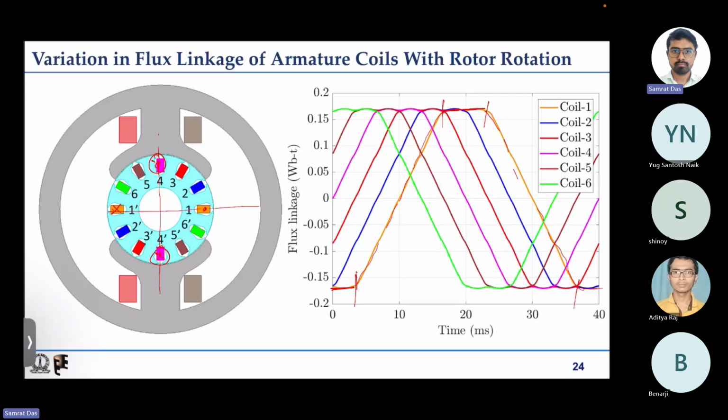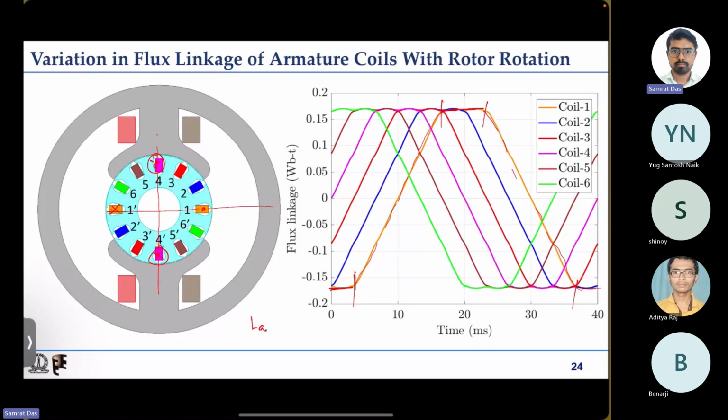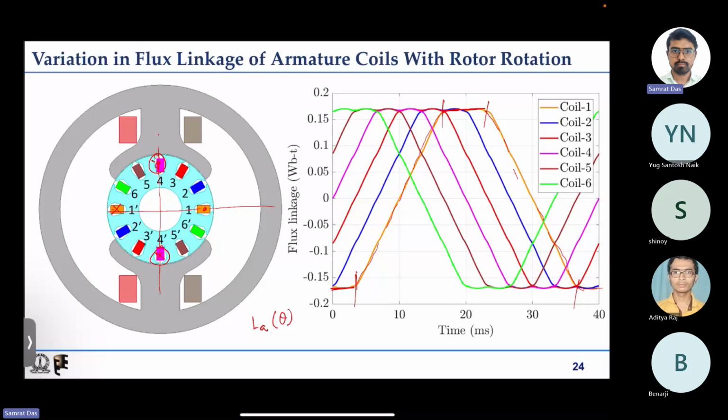So with rotor rotation, the reluctance seen by the individual coils varies quite a lot, and that would cause the armature self inductance to vary and be a function of the rotor position. So all individual armature coil inductances are functions of rotor position.